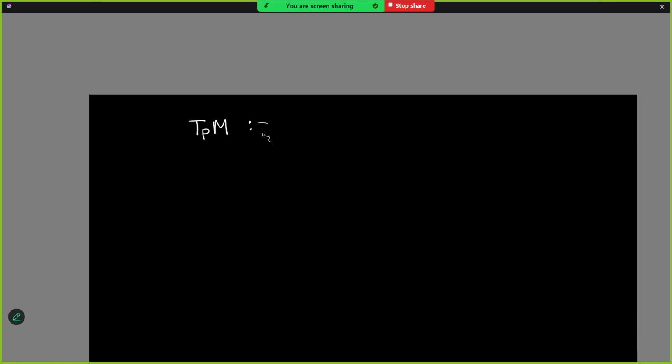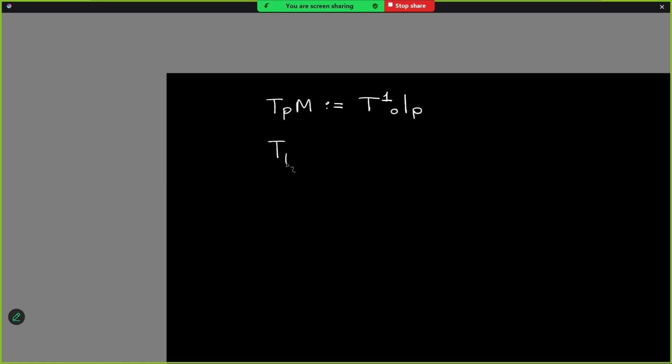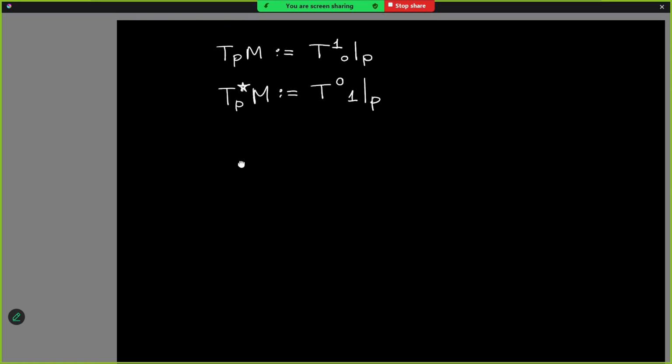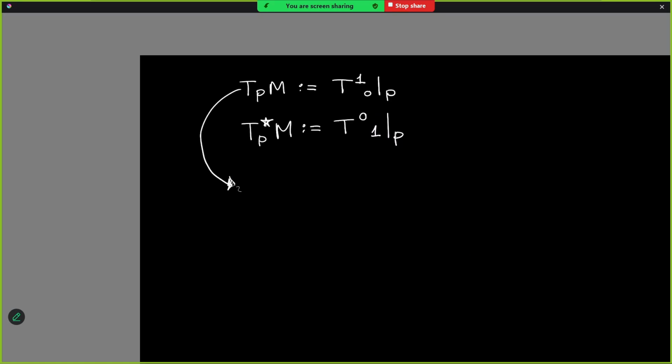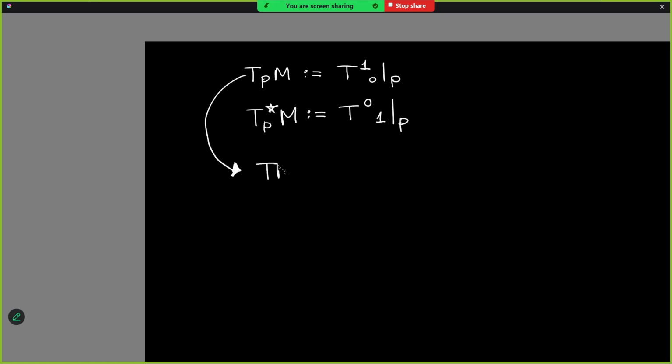TPM is the same thing as T10 at P, and TP star M is the same thing as T01 at P. And so we're going to define, this is a special symbol, this doesn't follow the nomenclature that we've been doing so far, the space TM. This is TPM, but without the specification of the point P at which we're looking.